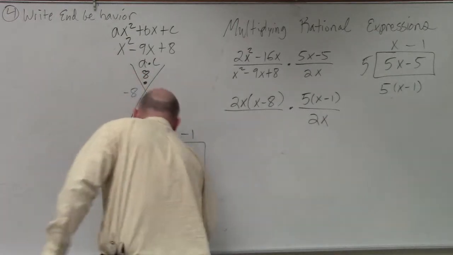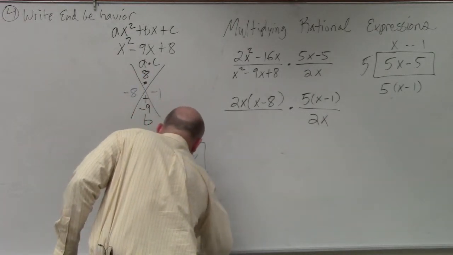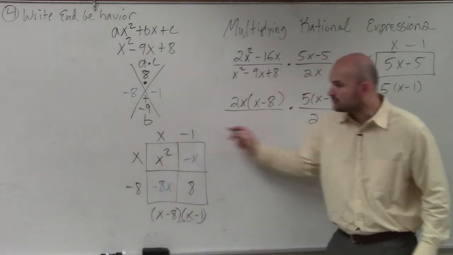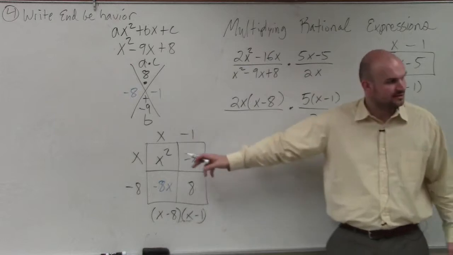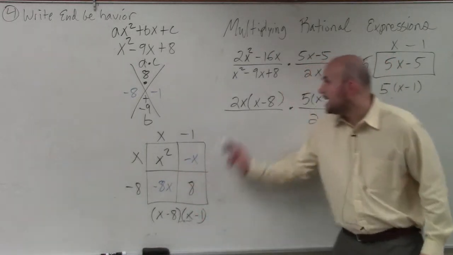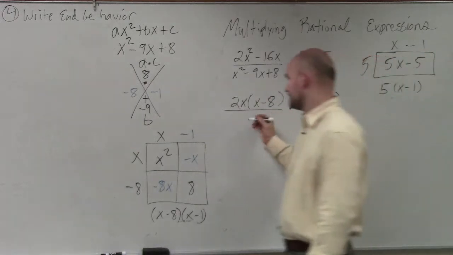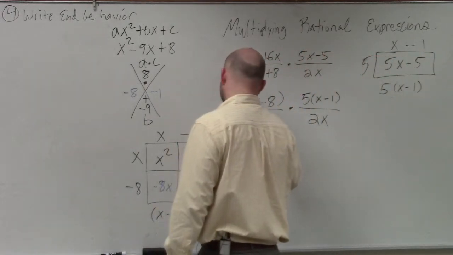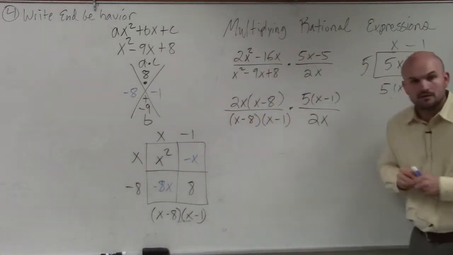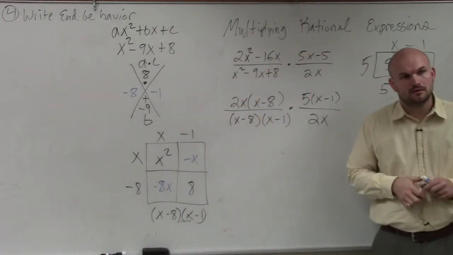So x minus 8 times x minus 1, length times width, gives you the area. This is now the factored form of this.